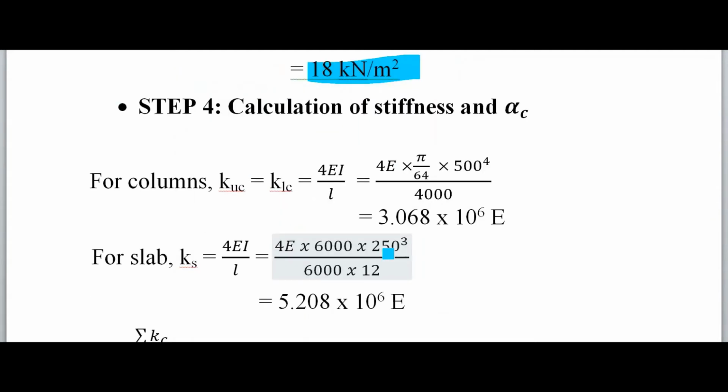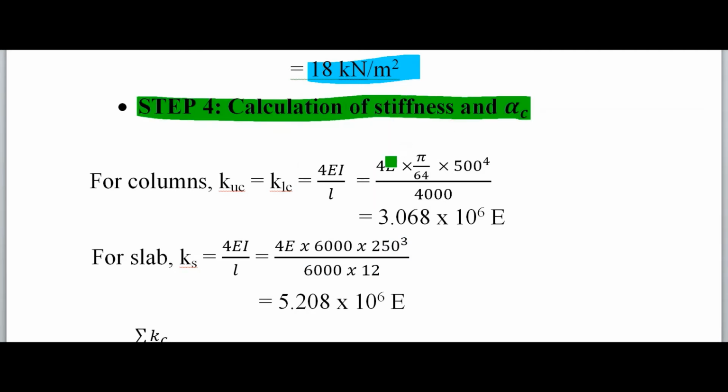Now we are going to calculate stiffness, alpha C. For the column, Kc is 4 EI by L, E is as it is, but I equation is pi by 64 into 500 raised to 4. We have a circular column.